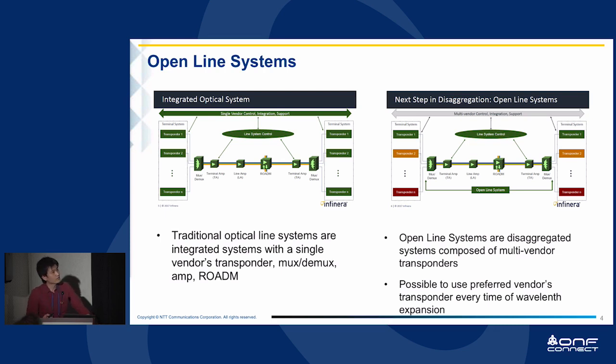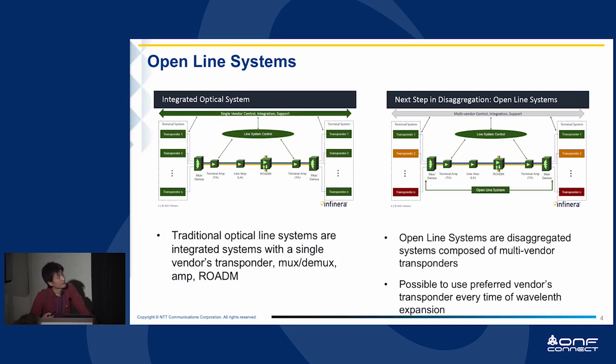As Dominic mentioned, the open line system is a much more practical approach compared to the fully disaggregated approach, because, on the one hand, all components of the line system are provided from a single vendor, so we can use the line system controller from the same vendor.